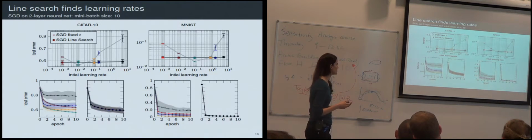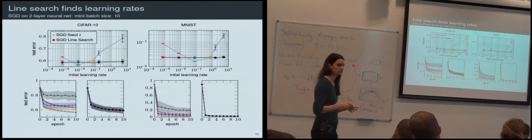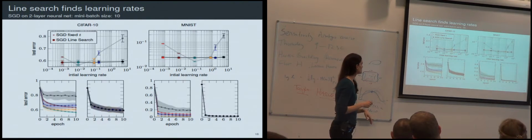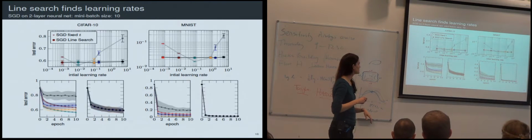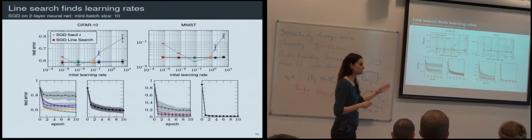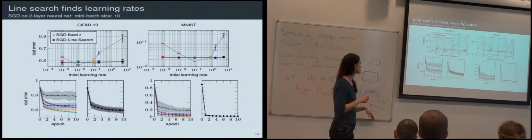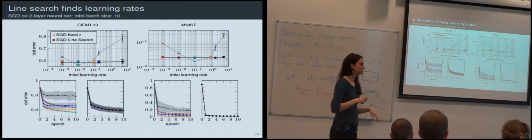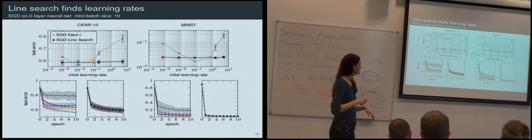So what I've done is we've trained some neural networks. The left plots here are for CIFAR-10 on a 2-layer neural network, and the right ones are on MNIST. We started the algorithm once with fixed learning rates. So this is the test error performance versus the learning rate we started it with. The performance depends very much on the choice of this learning rate when you just keep it fixed.